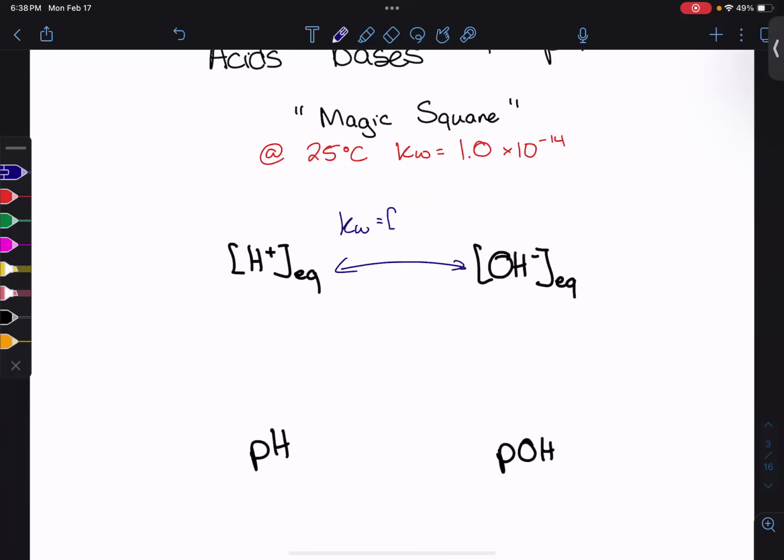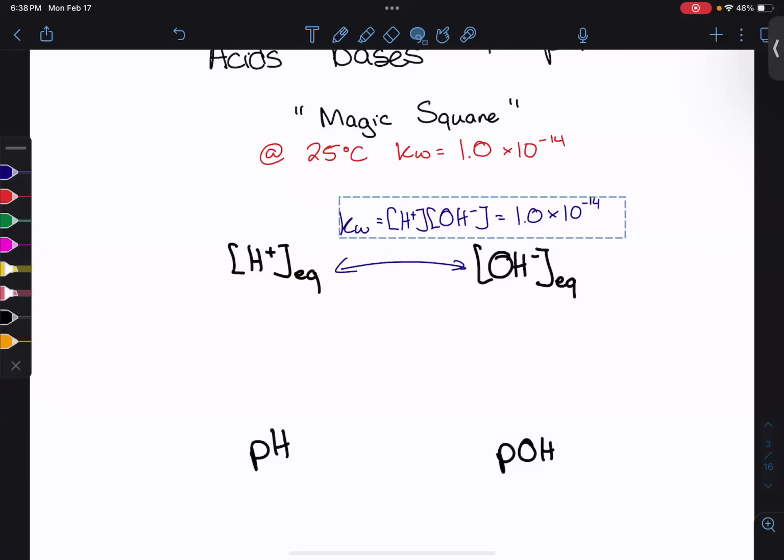Kw is equal to the product of these two things, H plus and OH minus. This is really useful because Kw is a constant value based upon temperature. So at 25 degrees Celsius, Kw is equal to 1.0 times 10 to the negative 14, right?